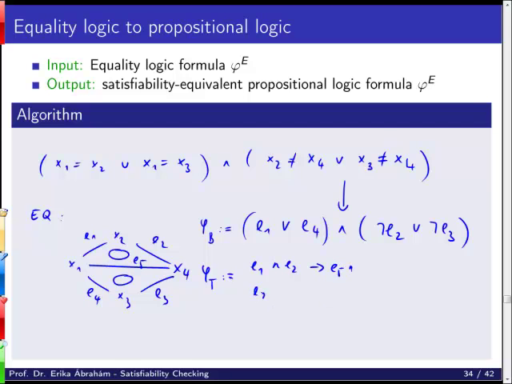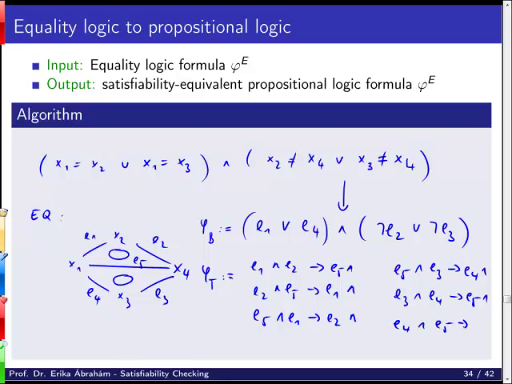And if E2 holds and E5 holds, then also E1 must hold. And if E5 holds and E1 holds, then also E2. And now for the lower cycle, if E5 holds and E3 holds, then also E4. And if E3 holds and E4 holds, then also E5. And if E4 holds and E5 holds, then also E3.